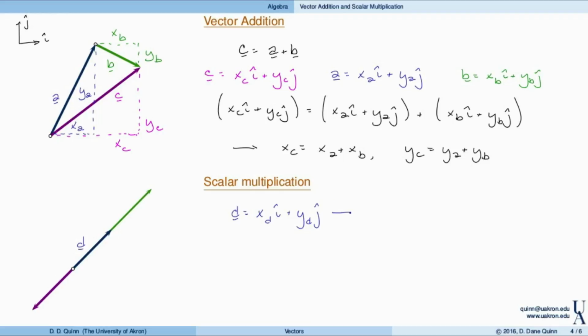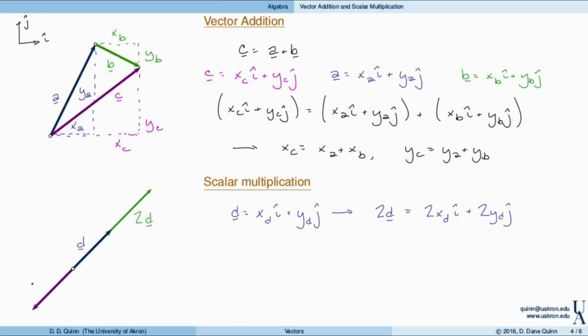And so, for example, if I take 2 times d, we actually find this green vector, something with the same direction but twice the length. So this was the original vector, this is twice the vector. So 2 times d is 2 xd in the i direction and 2 times yd in the j direction.